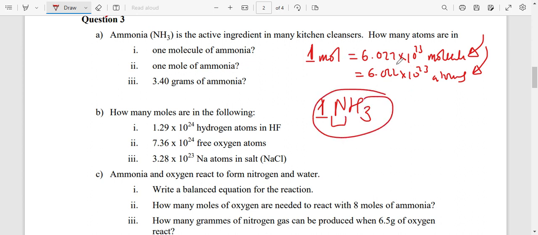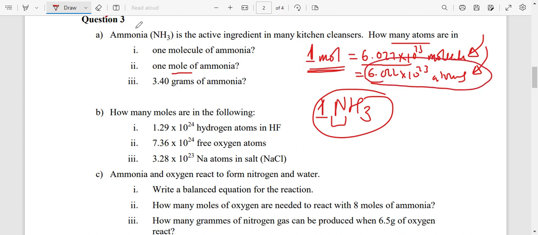But the relation that I gave is in comparison to a mole, so I can't use that one here. So in one molecule of ammonia, you have 4 atoms. And then how many atoms are in one mole of ammonia? One mole of ammonia contains 6.022 times 10 to the power 23 atoms. So for part B, this is going to be the answer.